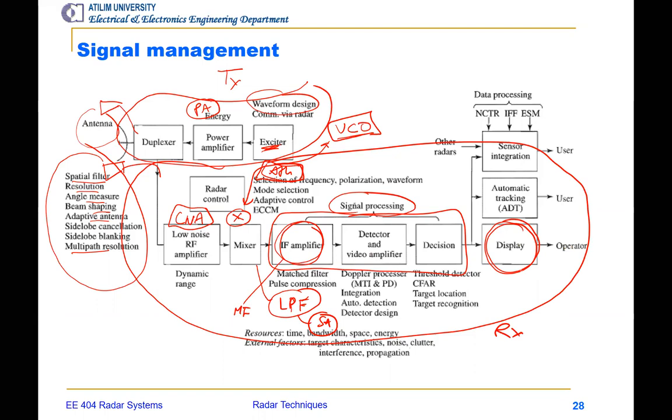Okay, so as you can see, there are too many things regarding a radar system. This is a quite complicated system. We have actually studied very basic concepts in radar systems.